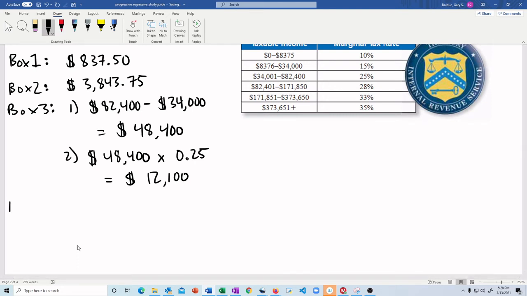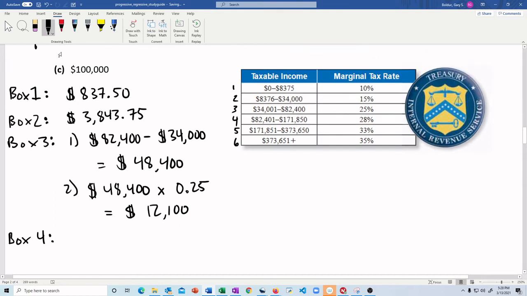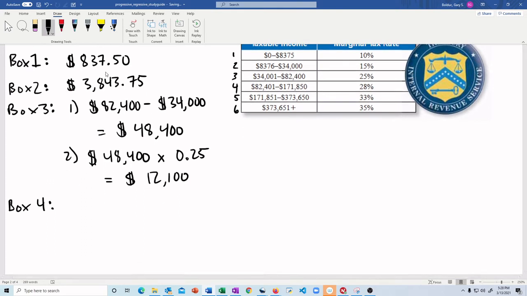So then box 4. Well, let's look. Go over to box 4. Remember, this is 1, 2, 3, 4, box 5, box 6. I do not fill this one up, right? 171,000 is more than I make. So then we just have to figure out how much do I actually fill into this box. $100,000 minus, and I've already been taxed on 82,400 of my dollars.